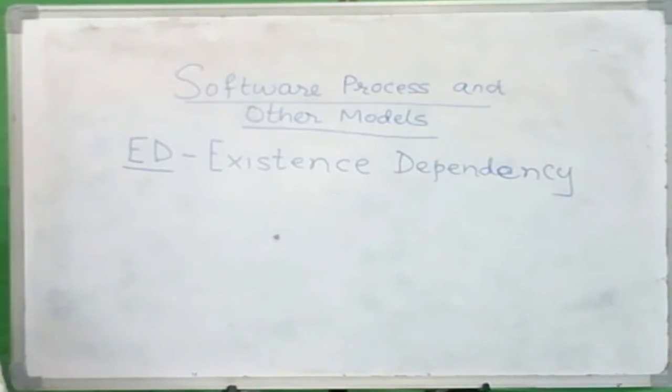One approach to clarify the relationship is to introduce a different relationship which is called existence dependency. Existence dependency relationships are defined in the following way.